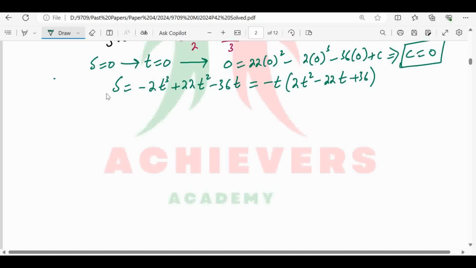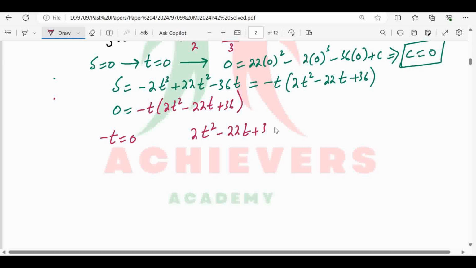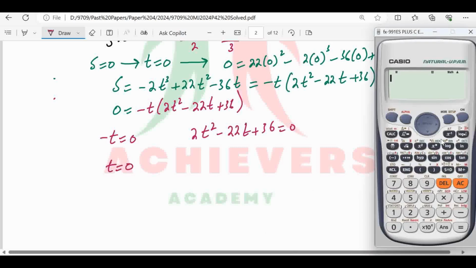So 0 is equal to minus t into 2t square minus 22t plus 36. From here we can say minus t is equal to 0 and 2t square minus 22t plus 36 is equal to 0. So t is equal to 0, which is not required, and for the second one we can use the calculator.